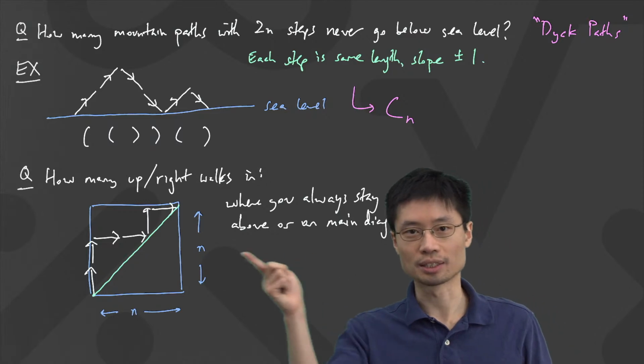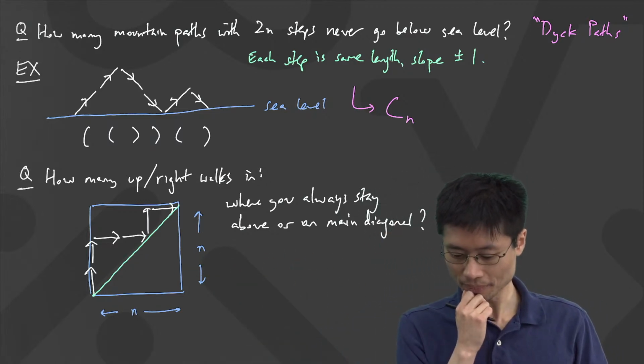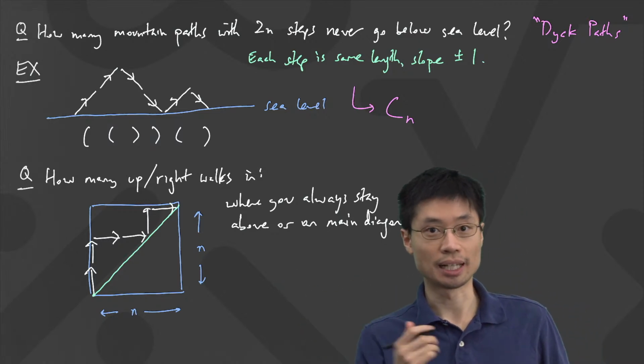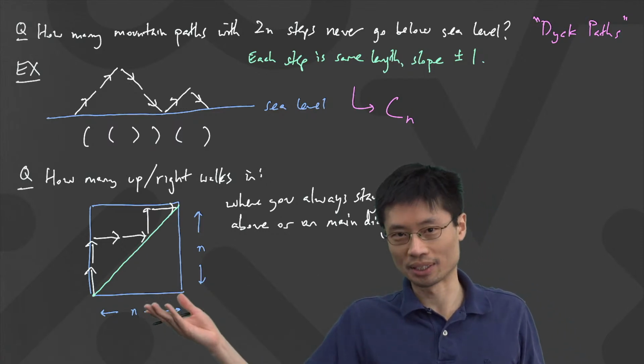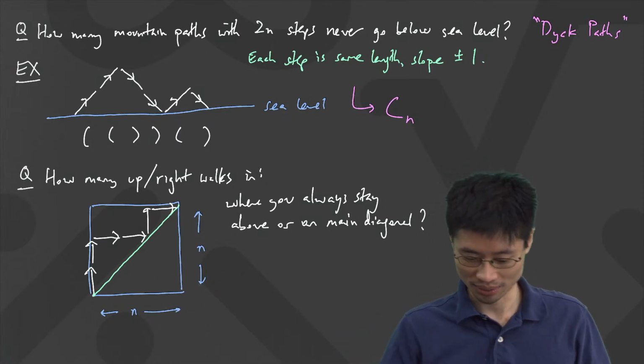So now let's look at this particular thing we're counting. If I want to count how many walks are always above or on the main diagonal, the answer is how many there are where I don't care about this restriction, minus how many there are where I go into the bad zone.